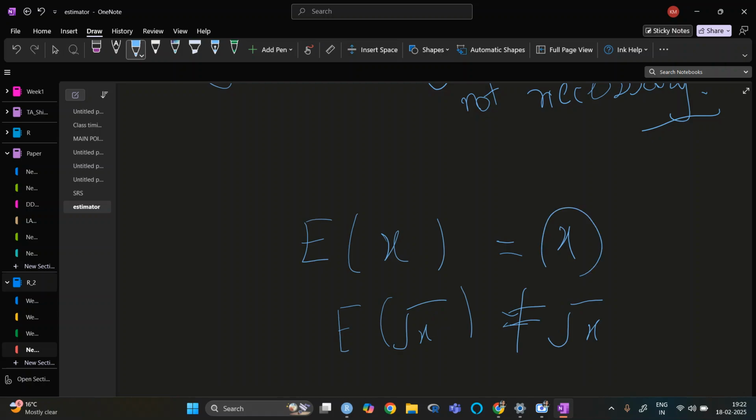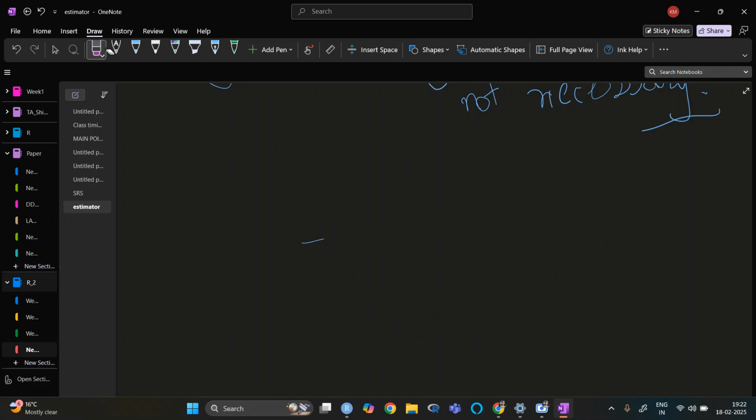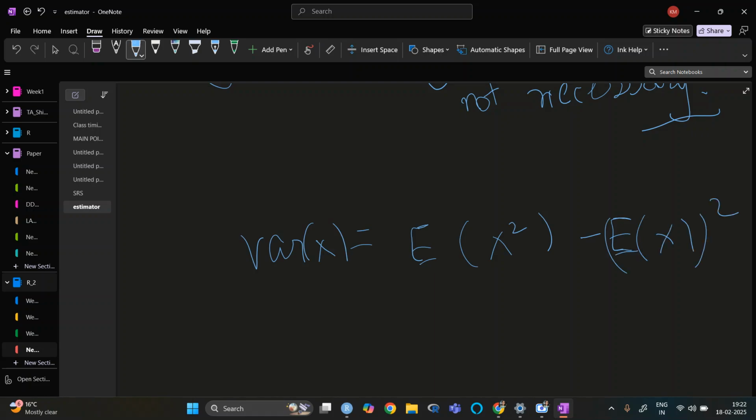If I say that expectation of x is x, then this is not necessarily true, because variance is basically expectation of x square minus expectation of x whole square, right?